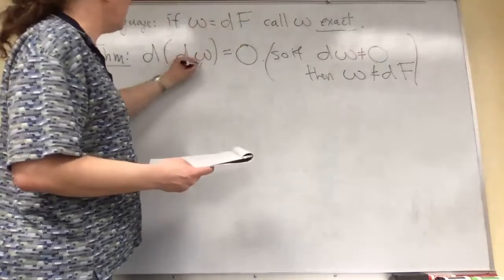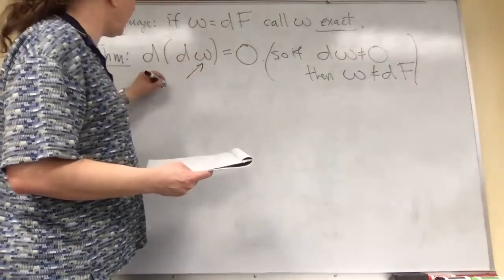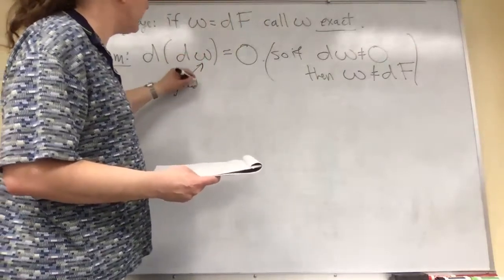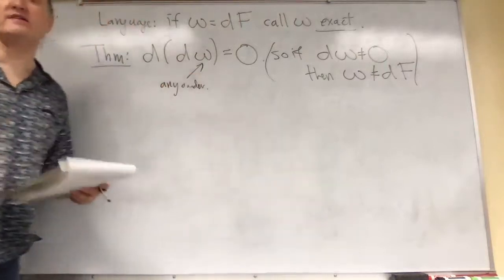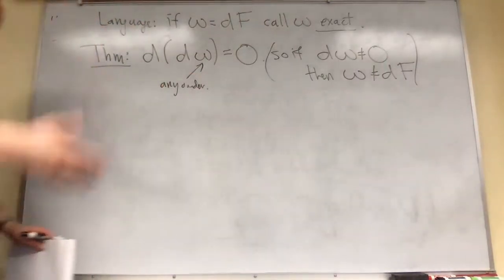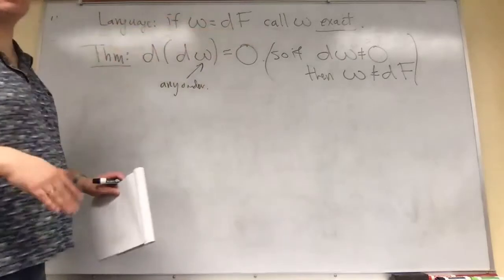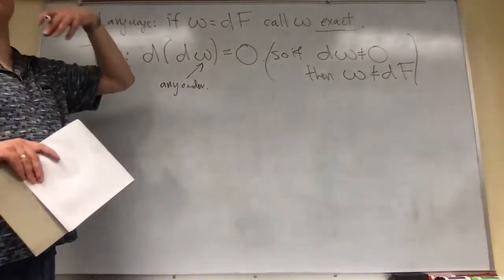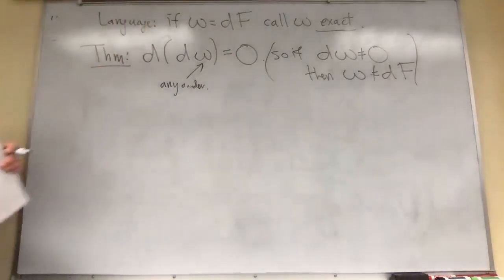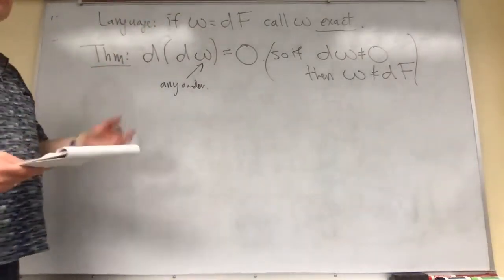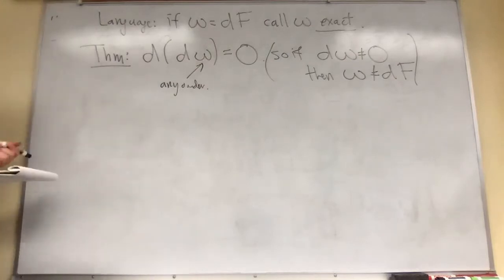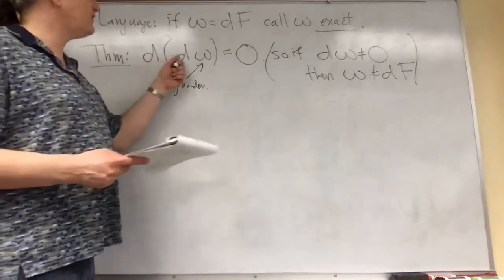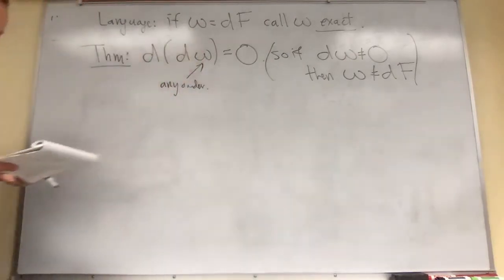But this here is omega of any order. No matter what differential form we have, if it's a 1 form, if it's a 0 form like a function, if it's a 4 form that's of order 4. No matter what order it is, the derivative of the derivative is always equal to 0.